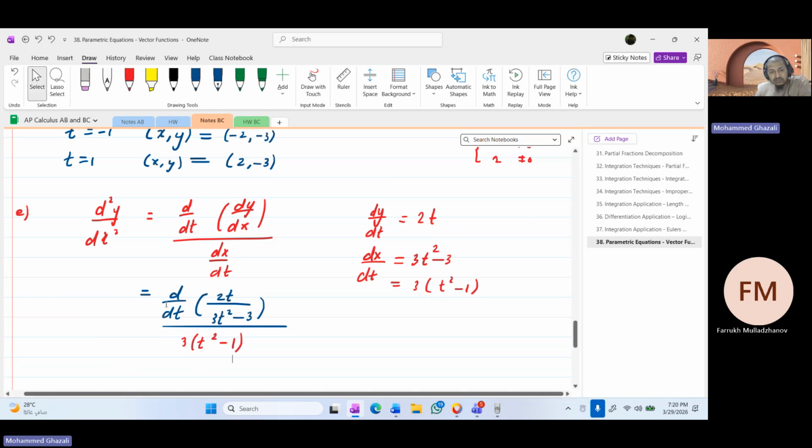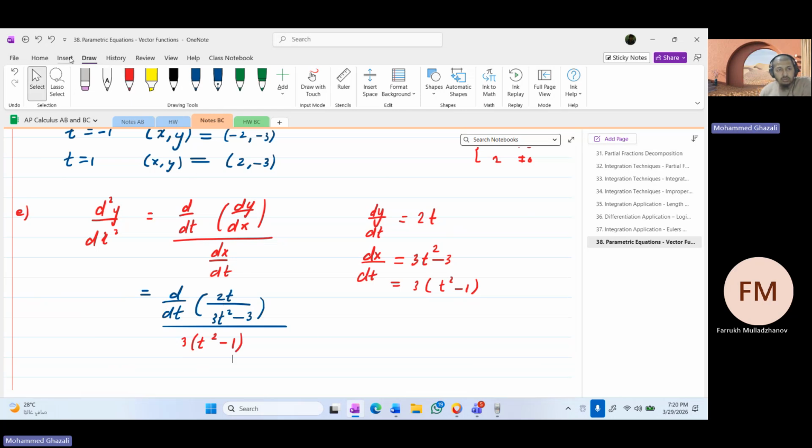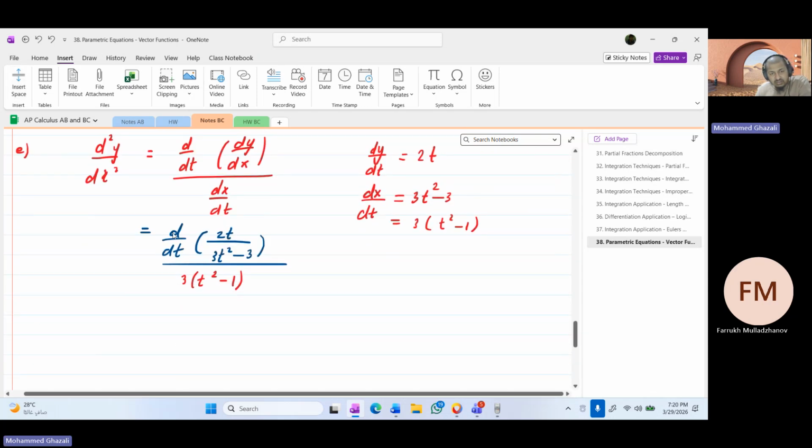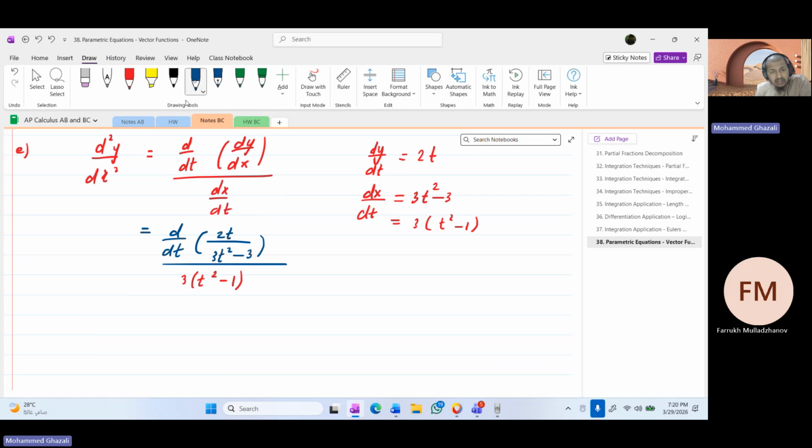Now, to find the top, you have to do the quotient rule, because it's a function of t that you're differentiating. So let's apply the quotient rule here. Derivative of the top is 2, leave the bottom. Let's leave it in factored form, 3 into t squared minus 1.